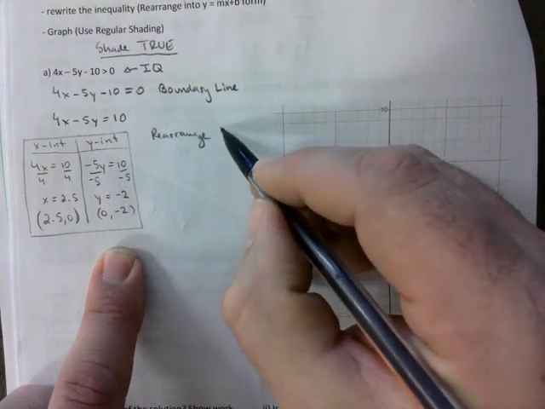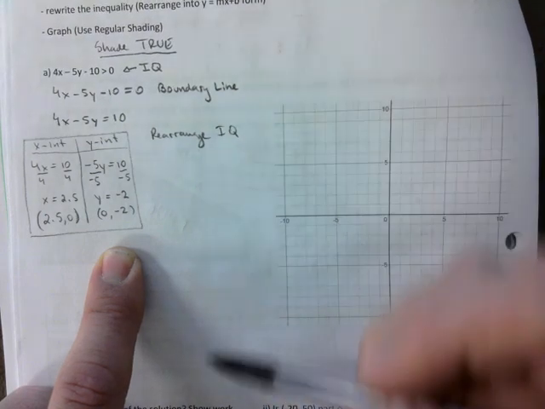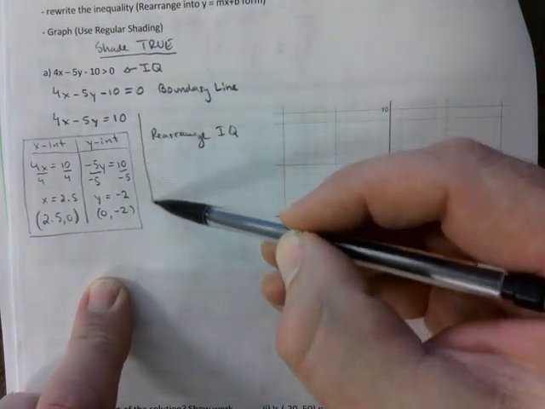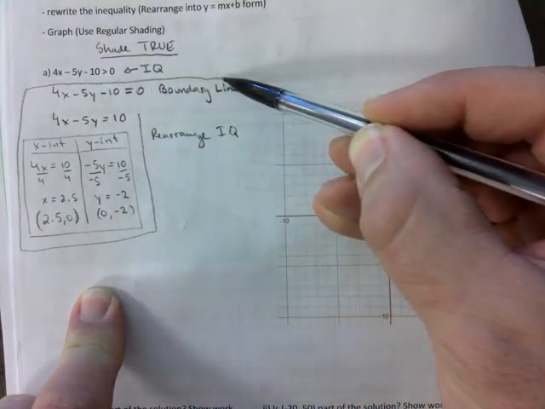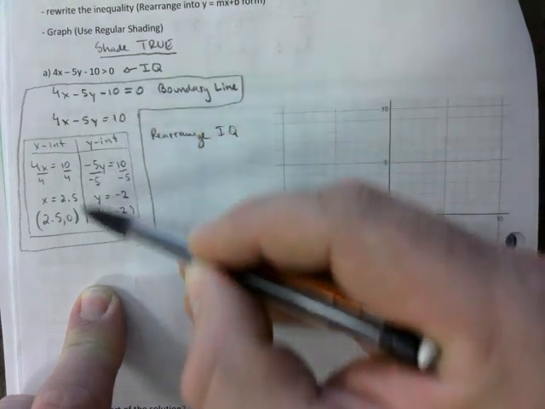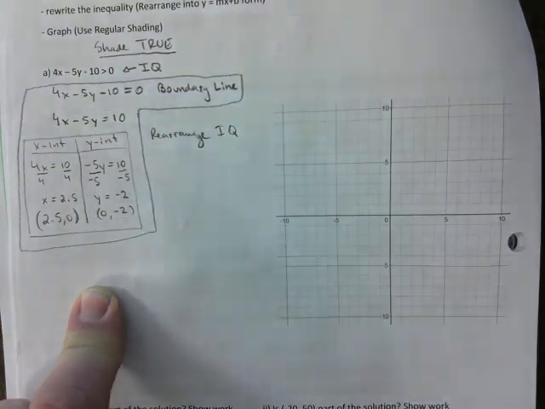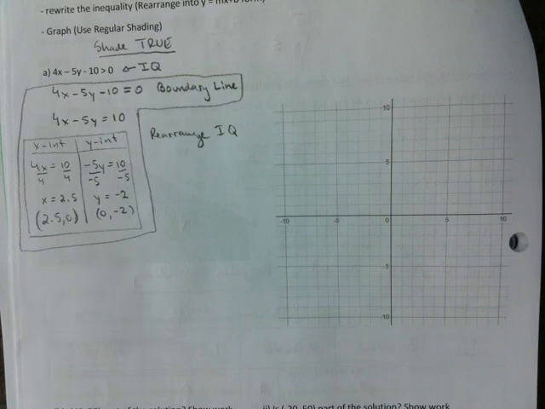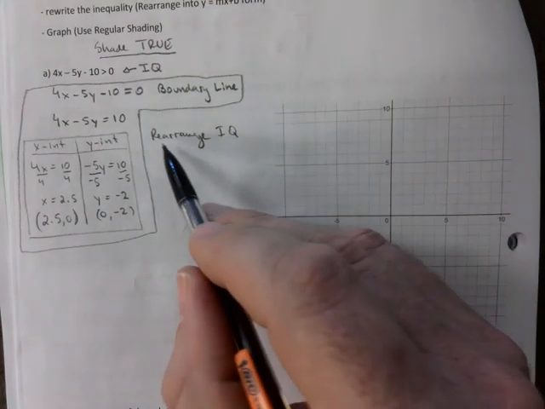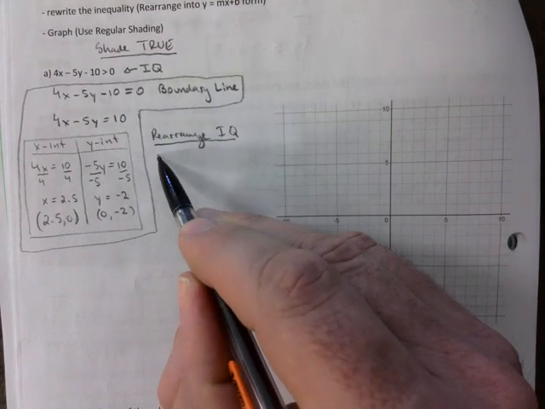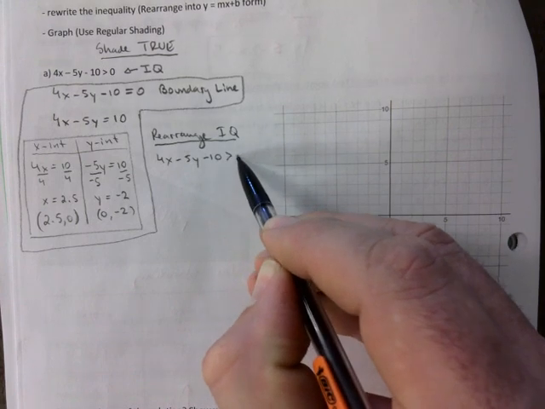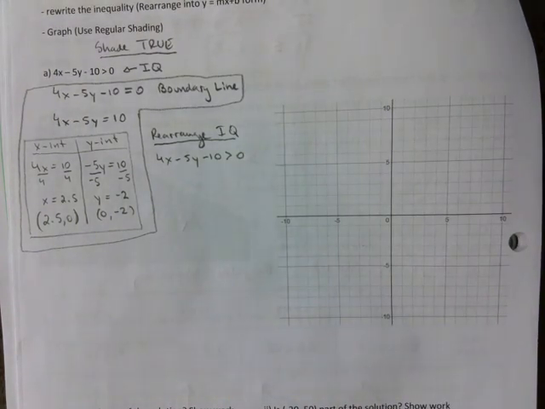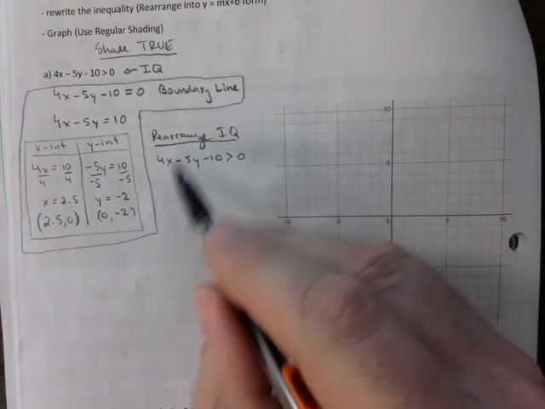We're going to rearrange the inequality. So here we deal with the inequality. So the boundary line, all of that stuff, we dealt with it here. And now we're going to rearrange the inequality itself. I hope you don't mind doing a little bit of extra writing, but you want to understand what's happening here. So I'm taking the inequality back from up there, and I will rearrange it.